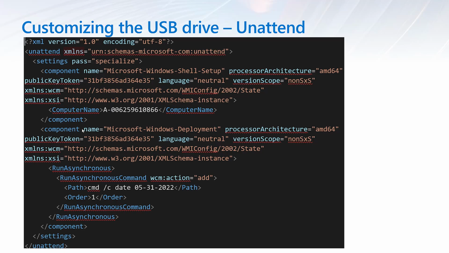What we're doing is running a CMD command to set the date of the machine. In this case, we're setting it to May 31st, 2022. Now you could run multiple asynchronous commands if you want, and you can just add them to the list, or whatever else you want to do with unattend. It should work if you want to do that.